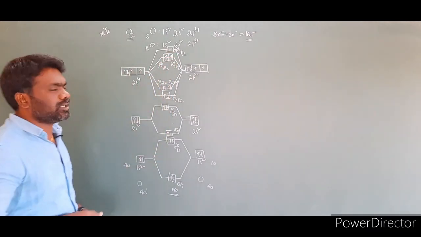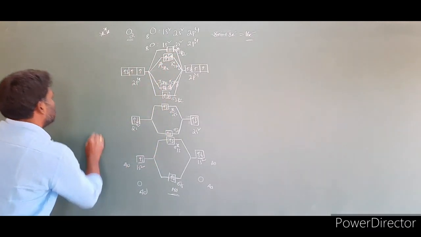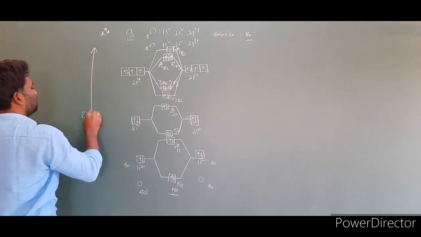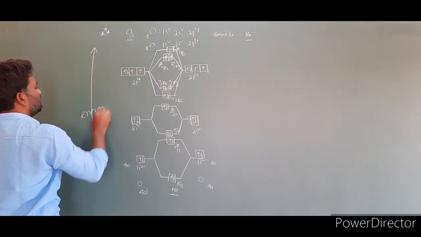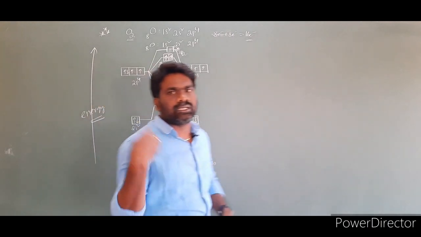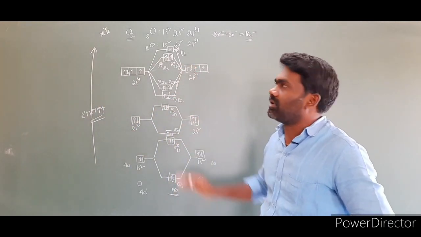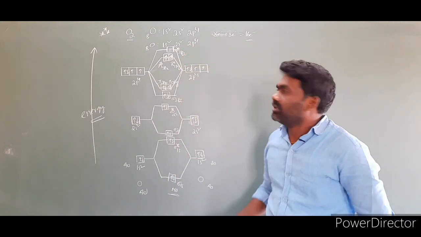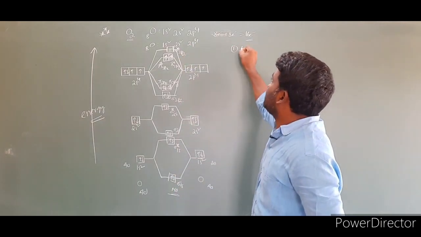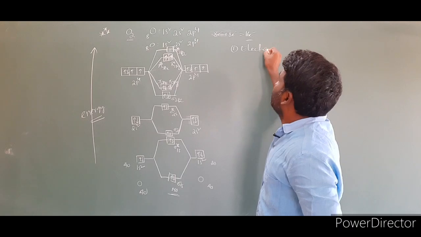So we filled the electrons, and this is in increasing order of energy. This is the construction of the molecular energy level diagram for the molecular orbitals of O2. Construction completed. Then we have to write what? First is the electronic configuration.